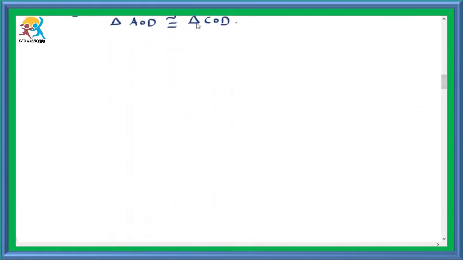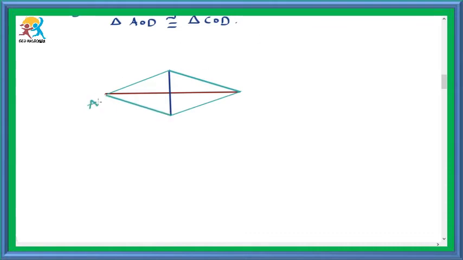We will take a rhombus, just name them A, B, C, D. Now I will show the two diagonals are perpendicular to each other. We will take two triangles, triangle AOB and triangle COB.